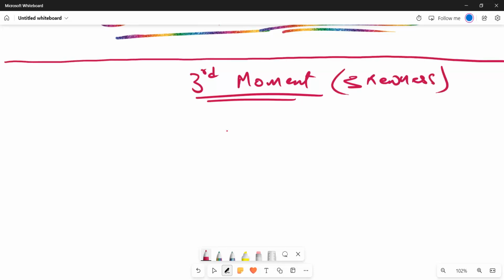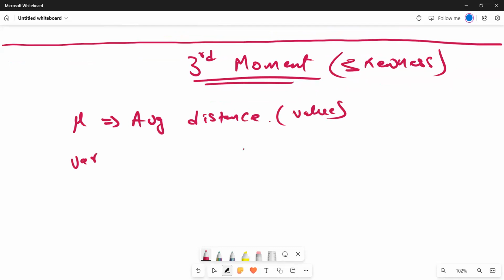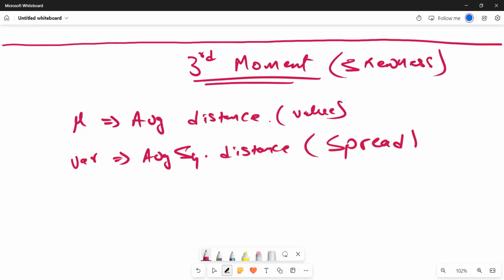Right, so basically skewness, I'll just give you a quick brief: like how your mean tells you about the average value of the data, and how your variance tells you about the average squared distance, or the spread of data points.